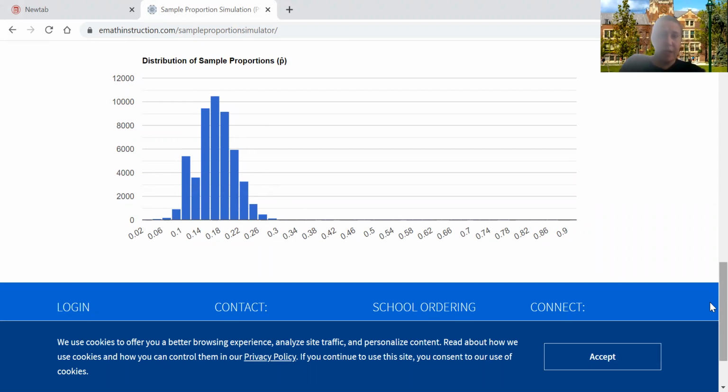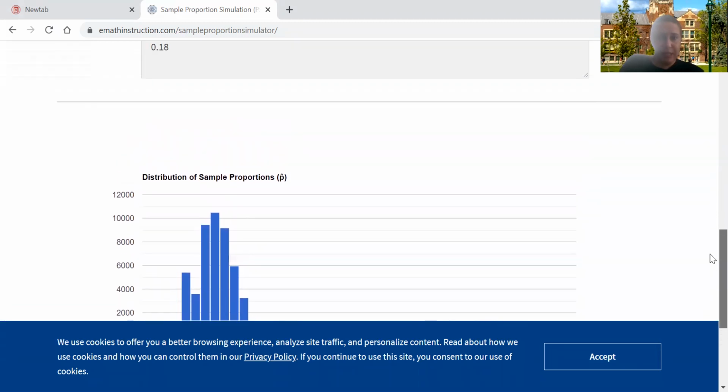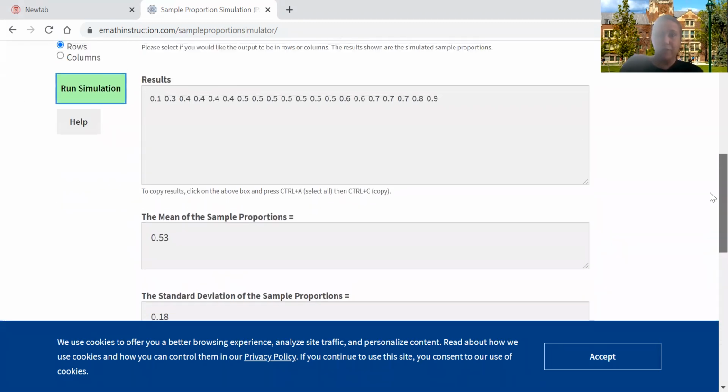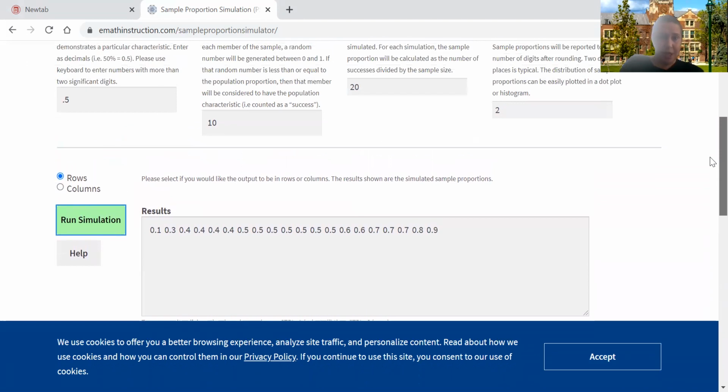One of the things that I want to show you is what the result will be if I had you flip the coin more times. Let's say I had you flip the coin 100 times. It's very unusual for someone to get 0.1 for their probability.